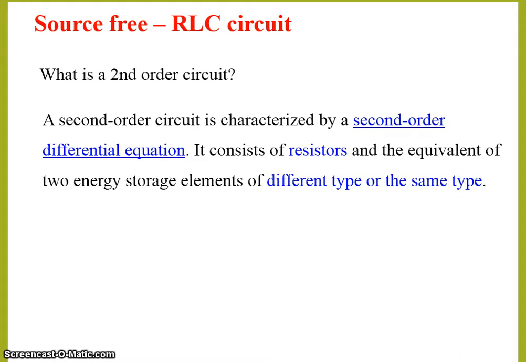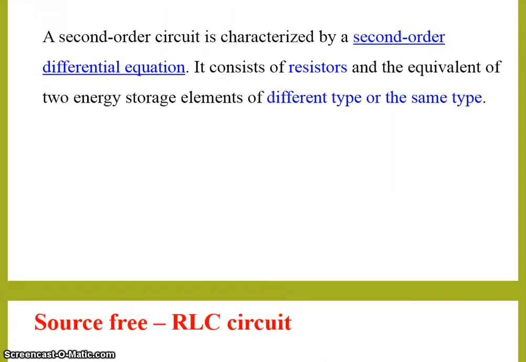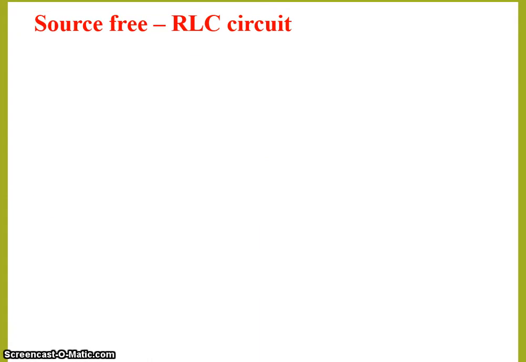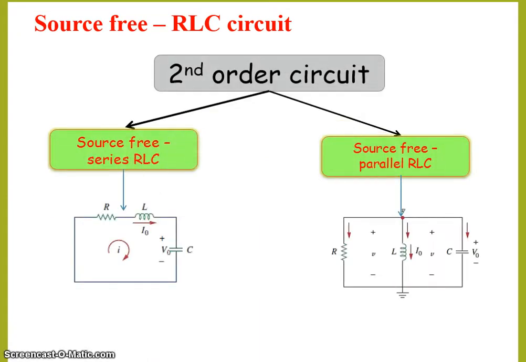Here we have a capacitor as well as an inductor. So when we write a voltage equation or a current equation for an RLC circuit, we get an equation of order 2. That's why it is named a second order circuit. So let us get inside.